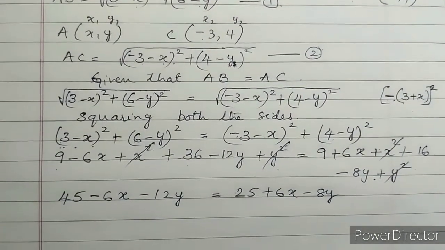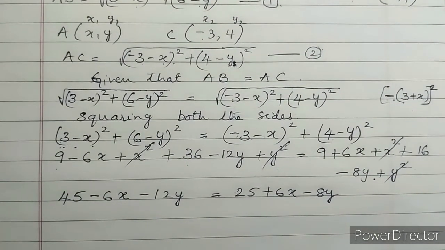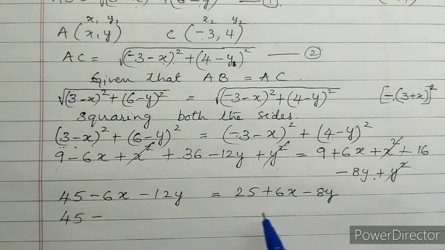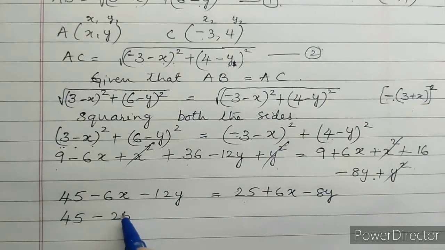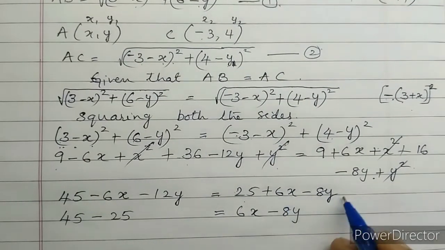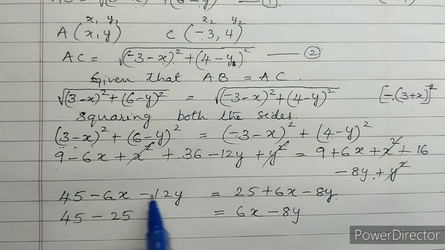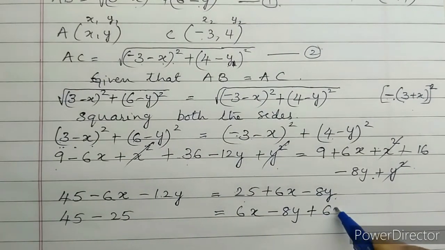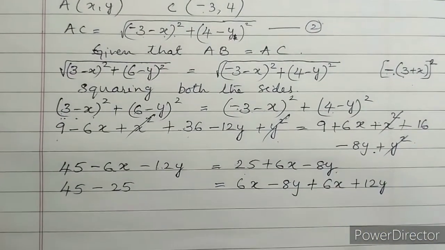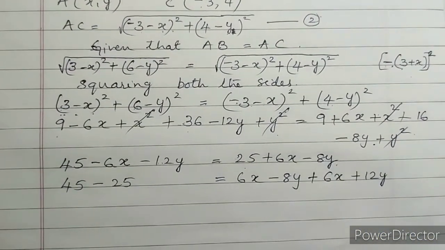Now number part one side and x and y one side, like that you can bring. So 45 minus 25, you bring it to the other side, 25 equals, all the x and y terms to RHS. 6x minus 8y is there only, no change. These both will change the sign, because you are transposing. Plus 6x plus 12y.